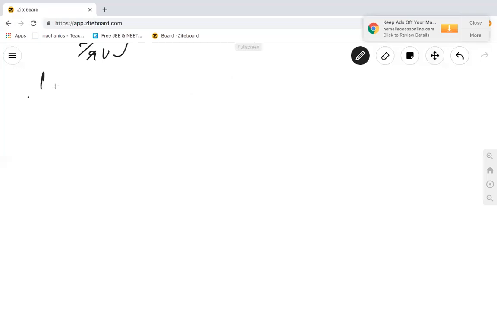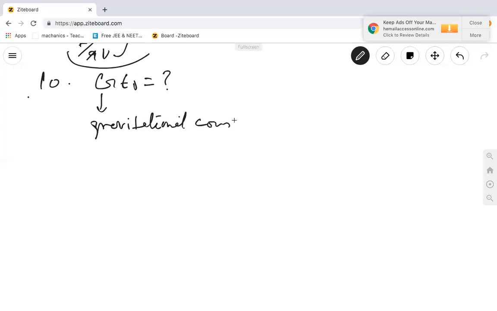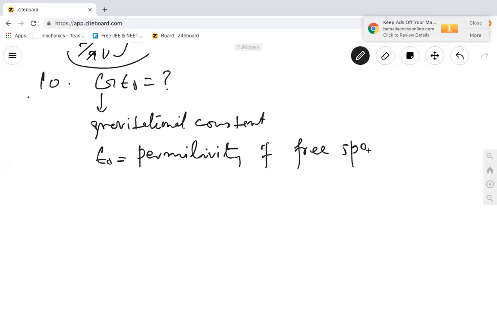10th. That is G epsilon 0. What is the dimensional formula for G epsilon 0? G is the gravitational constant, and epsilon 0 is the permittivity of free space.